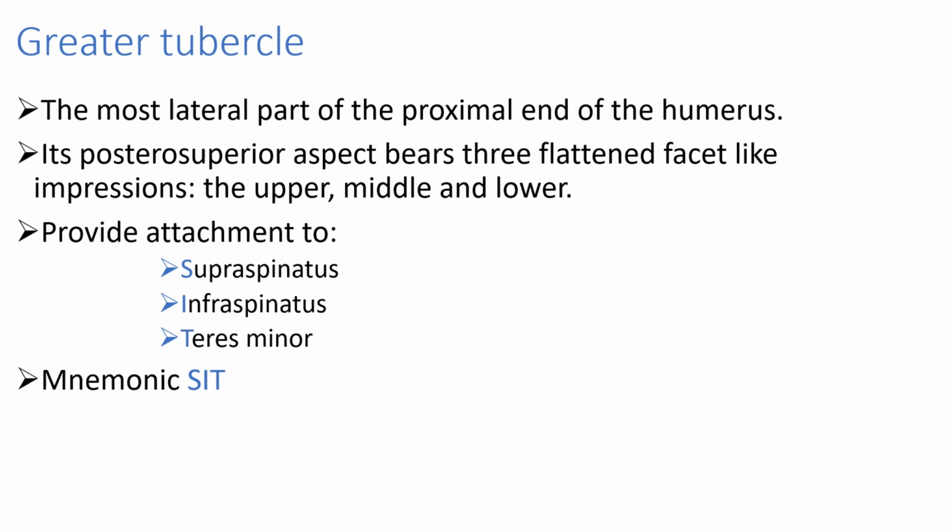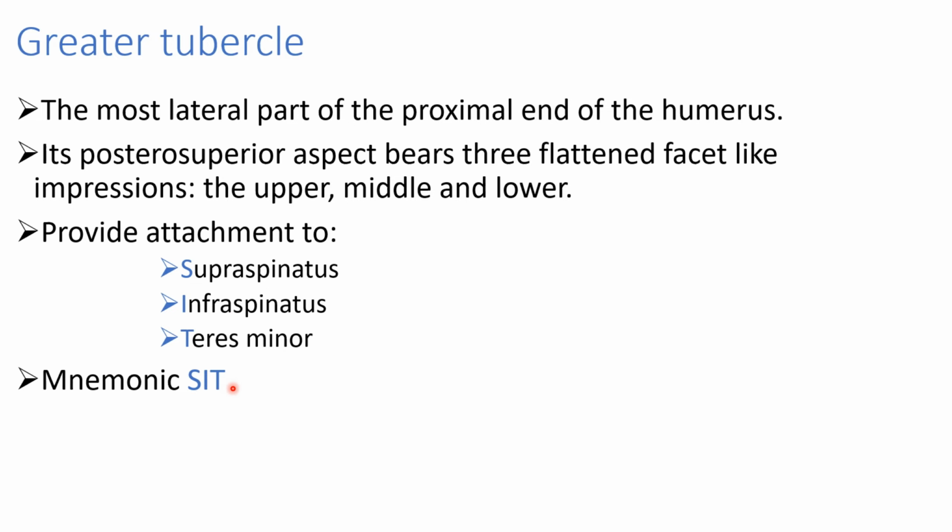Its posterior superior aspect bears three flattened facet-like impressions, the upper, middle, and lower impressions we saw in the previous slide. So this provides attachment to the SIT muscles.